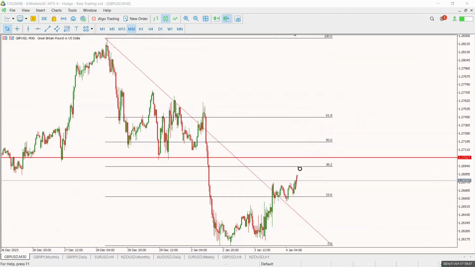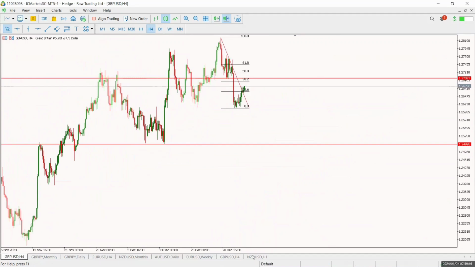Or for a better risk reward, I could decide to wait for a break of the structure, sell and put my stop loss at the high, and eventually ride to this level right here. So at the end of the day, all of that will just be push, exhaustion, push, break of structure right here, 61.8 retracement down to the 100.0.